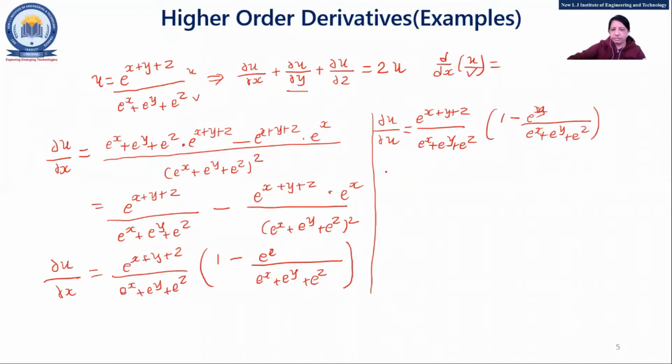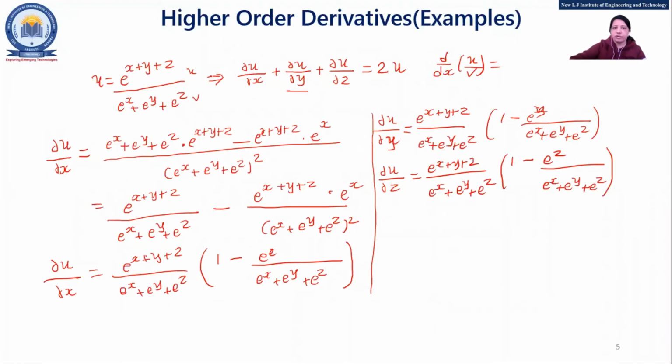So that is my this. Now this is del y, and that is del u by del z: e raised to x plus y plus z upon e raised to x plus e raised to y plus e raised to z, into 1 minus e raised to z upon e raised to x plus e raised to y plus e raised to z.